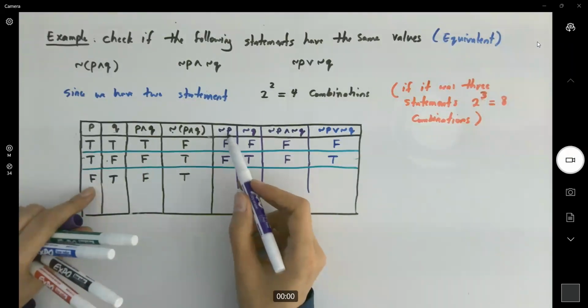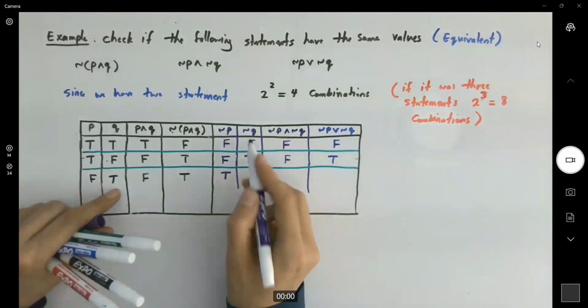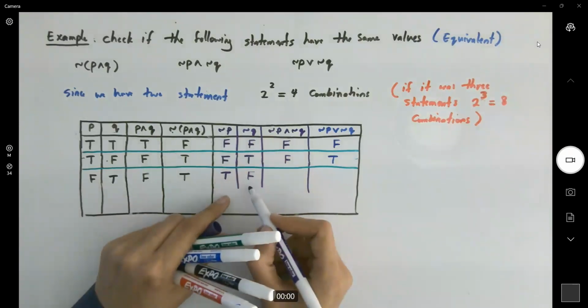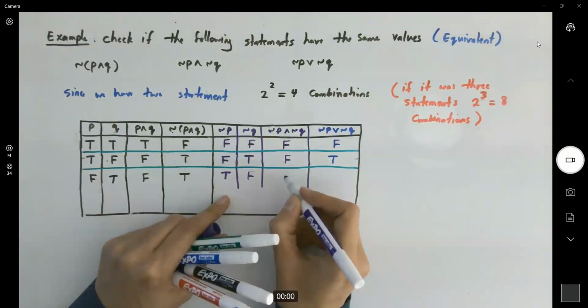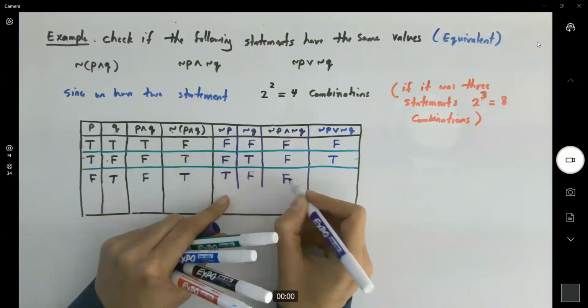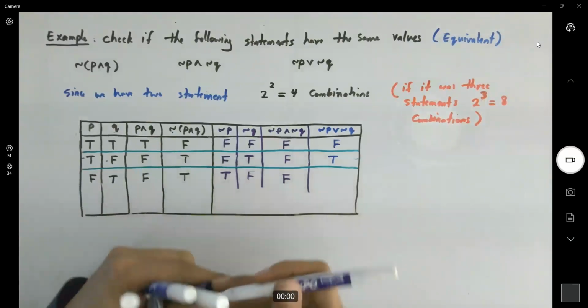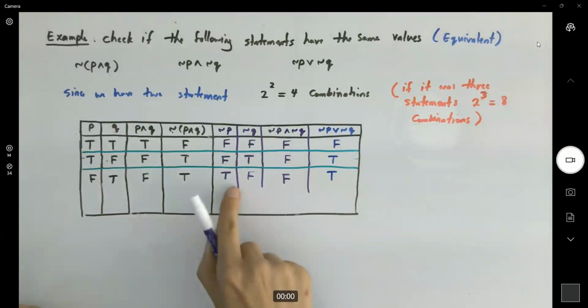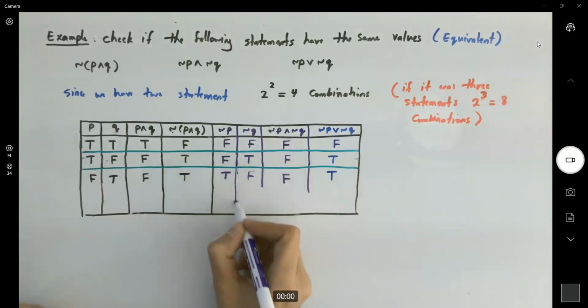P is false, not P is true. Q is true, not Q is false. Now we are working with these two. True and false is false. True or false is true. So far, so good.